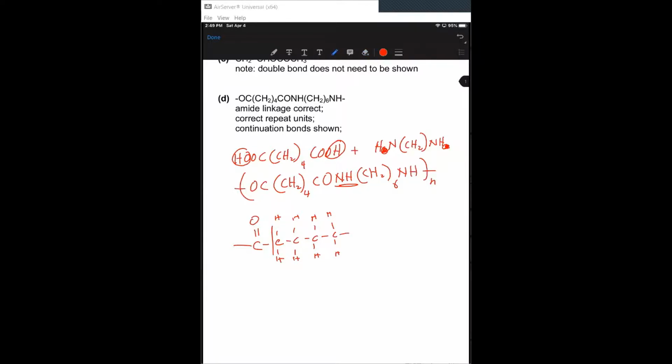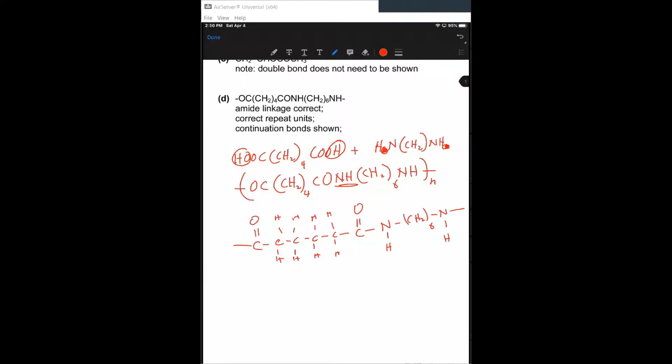And then we include the double-bonded oxygen. Then it is bonded to nitrogen, and nitrogen you can write below or up, it does not matter. Then you will not have enough space to write 6 CH2, so I will write CH2 6 and NH, continuation line.